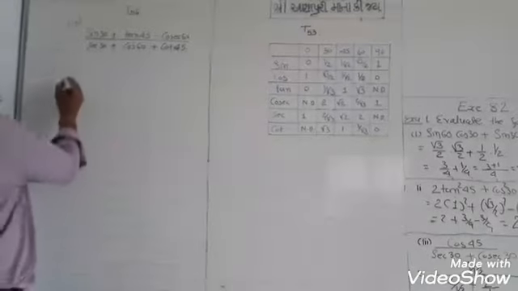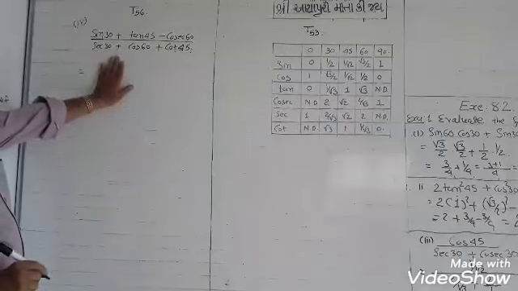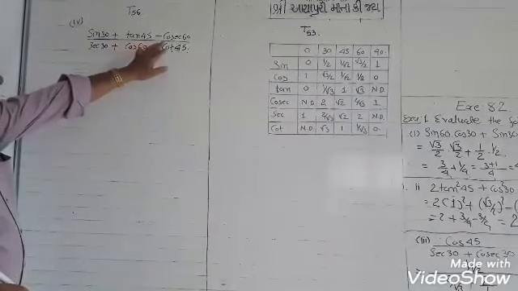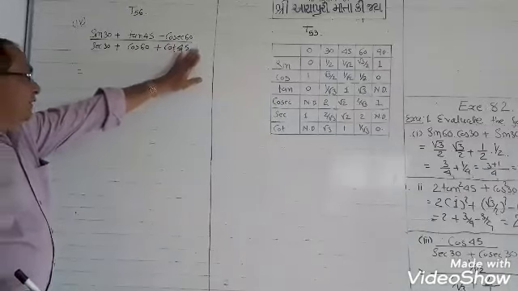Now example number 4. First of all we will substitute the values. Sin 30 tan 45, cosec 60 sec 30, cos 60 tan 45.